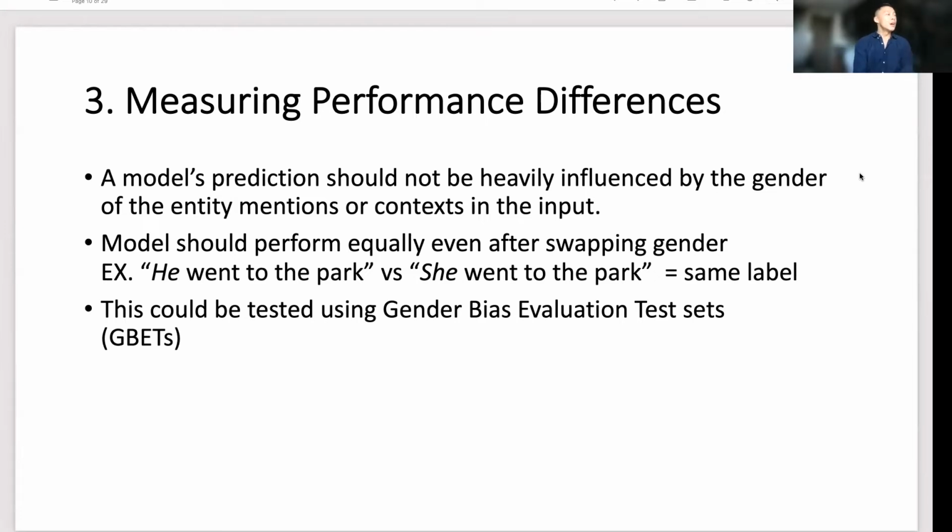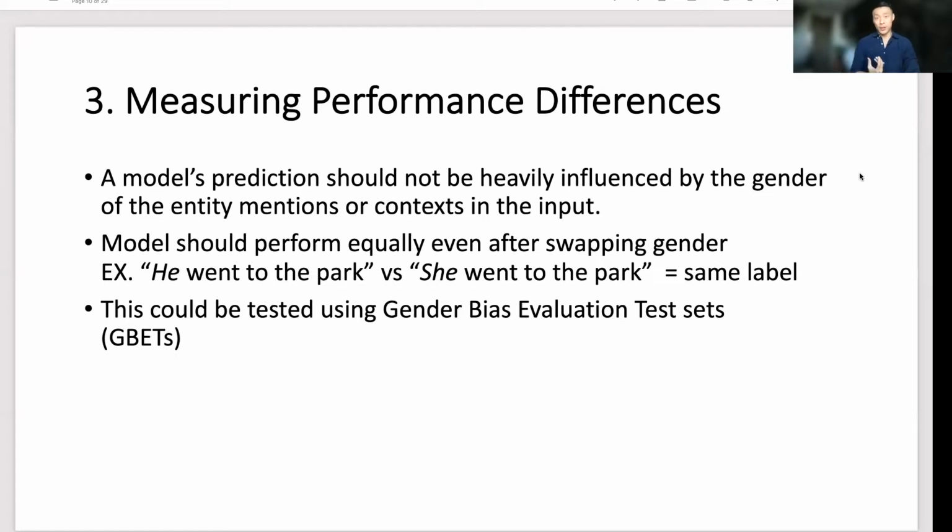Okay, so another idea is to look at recognition problems. For male and female people who use the system, they should be able to expect the same kind of performance, the same kind of accuracy, right?